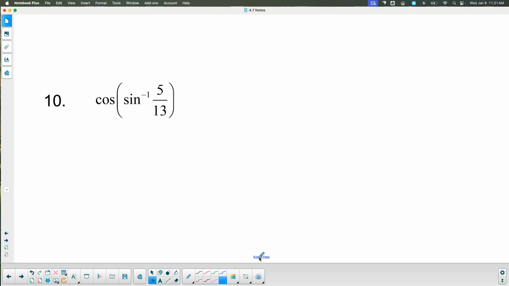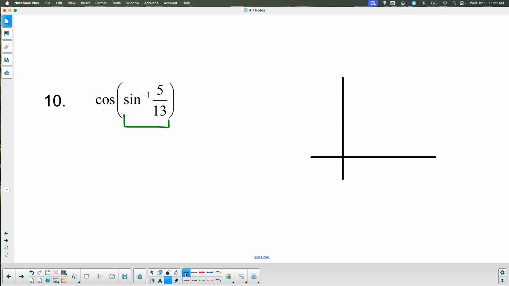So again, I ask myself, what quadrant is this in? Still in the first one? Okay. So it's still in the first quadrant. Sine is opposite over hypotenuse.